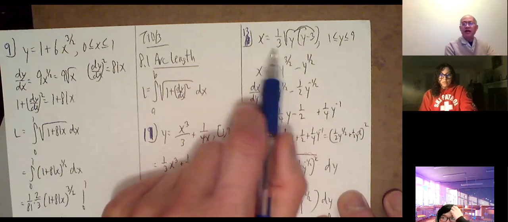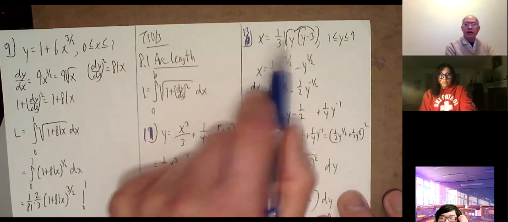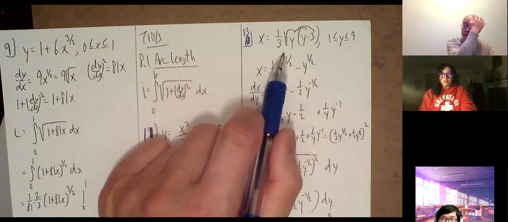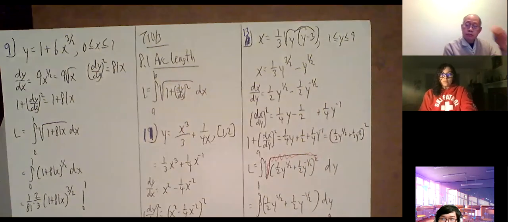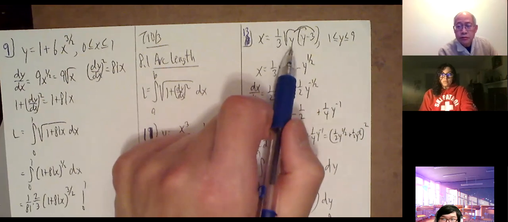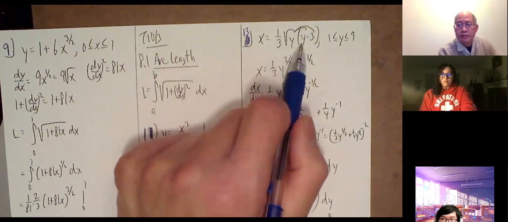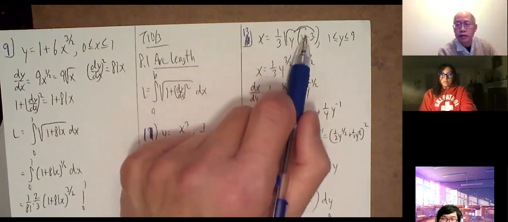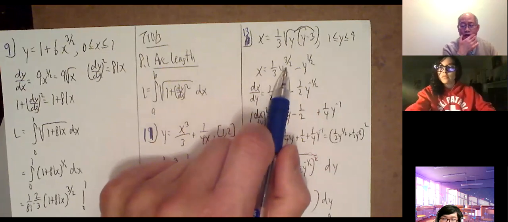So even this looks funny because we're used to saying y equals a function of x. But hey, x can be a function of y. There's no law against that. So here we go. All right, let's distribute. Radical y times y, that's y to the 1/2 times y to the 1, so that's y to the 1.5. So 1/3 y to the 3/2.